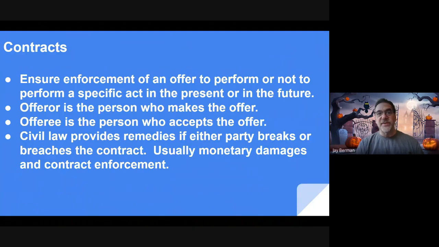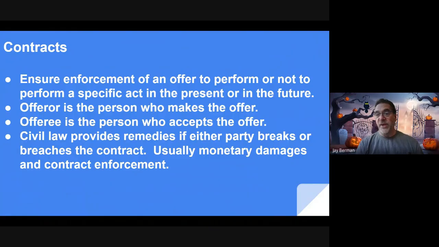So a contract is a document that is enforceable, of an offer to perform or not to perform a specific act in the present or in the future. There are two people in a contract. The first is the offerer, the person who actually makes the offer. The offeree is the person who accepts the offer.